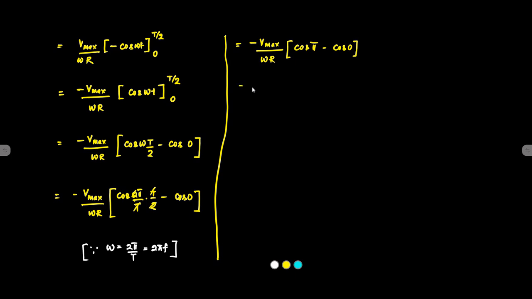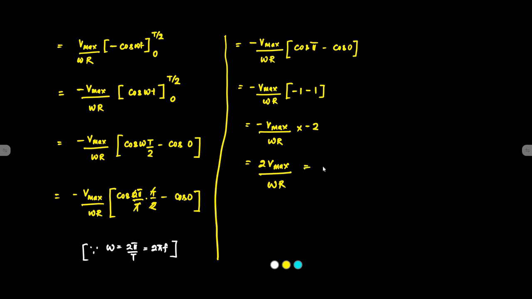Which is equal to minus V max by omega R, cos pi is minus 1, cos 0 is 1, so minus 1, which is equal to minus V max by omega R into minus 2, which is equal to 2 V max by omega R. So what is 2 V max by omega R?